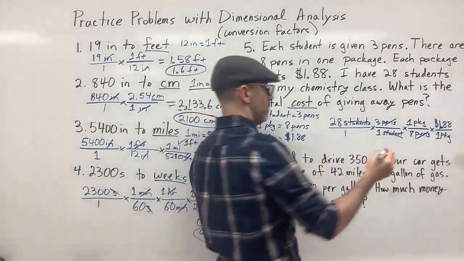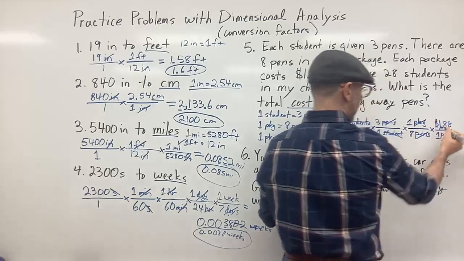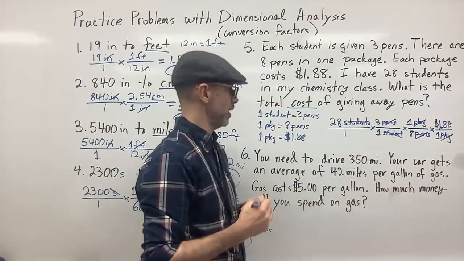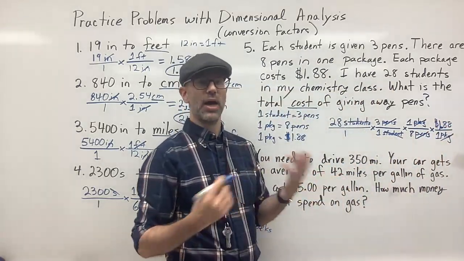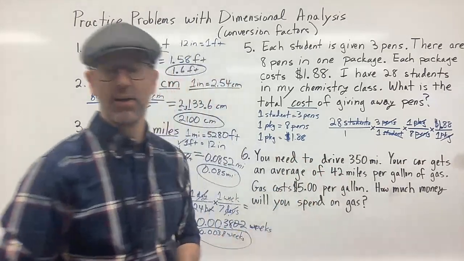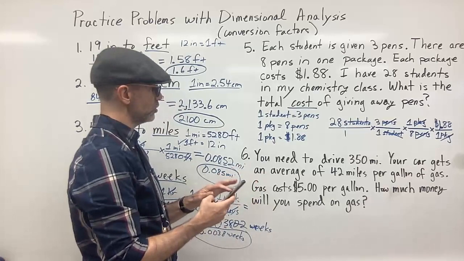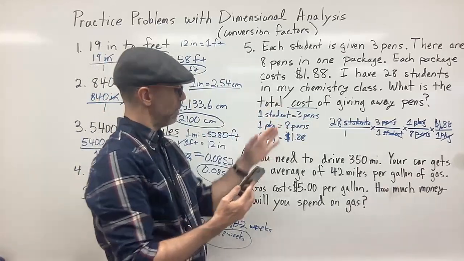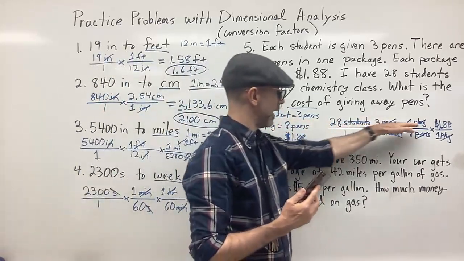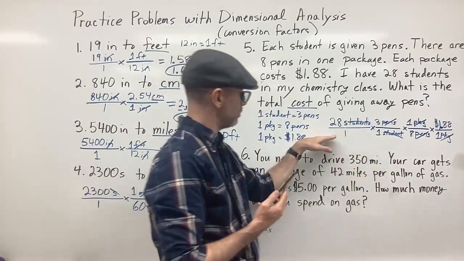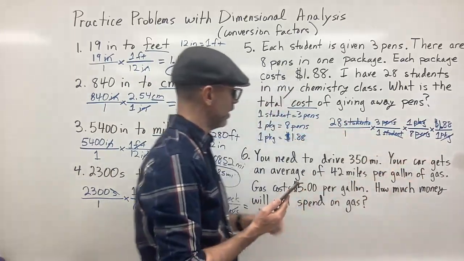So now package cancels out. I have the cost in dollars. I am now done. So now all I need to do is calculate using my calculator again. I'm multiplying by everything on the top, and dividing by everything on the bottom.